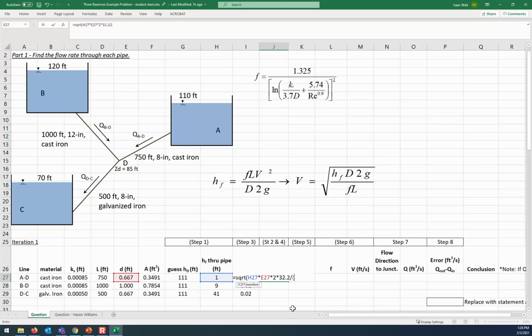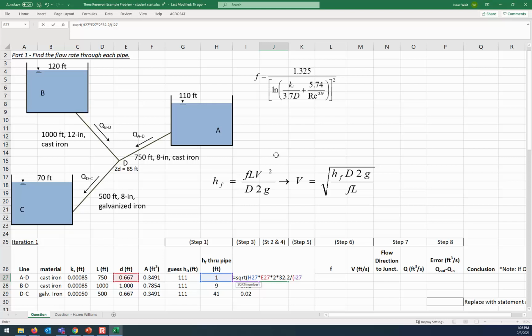Now, I've got this equation centered, so the equation is on top of where I would click to get the f value. I can't click on that location because the equation itself is on top of it, but I could type in I-27 and get the same result. I couldn't click there, but I could type the cell reference.